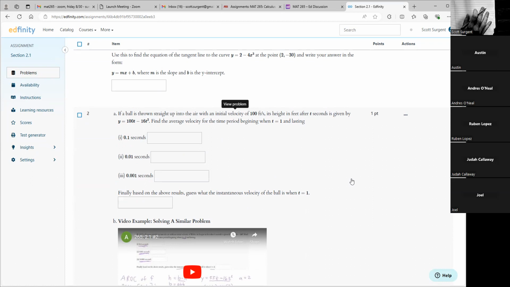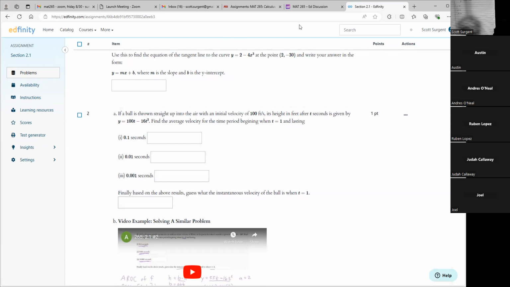Its height in feet after t seconds is given by y equals 100t minus 16t squared. Find the average velocity of the time period beginning when t is 1 and lasting for 0.1 seconds. And of course, you have a couple other here. And then we'll infer the instantaneous velocity.